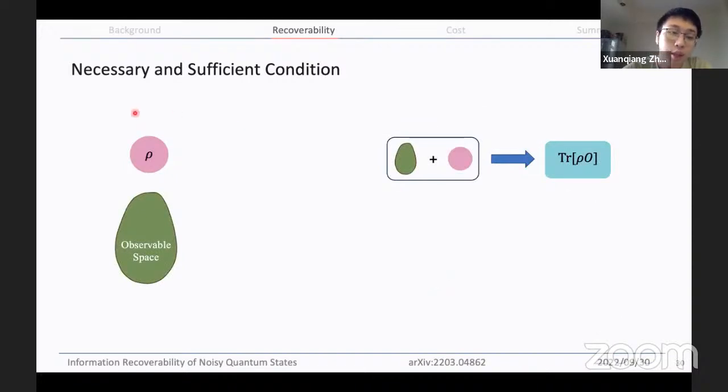Now please allow me to illustrate this condition a bit more. At the beginning, we have the noiseless quantum state rho, and for any observable in the whole observable space, we can retrieve its shadow information.